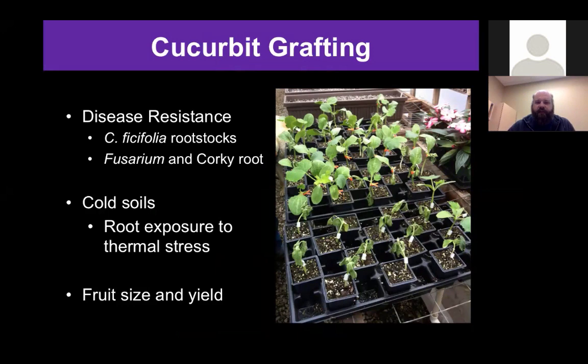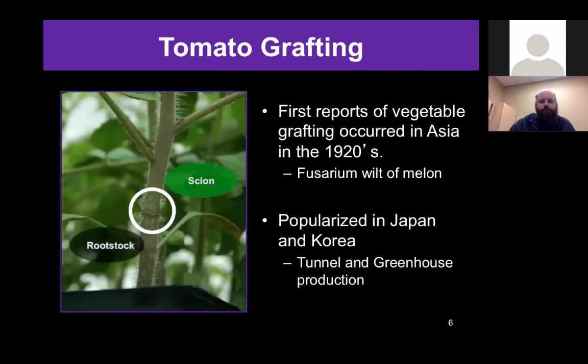And then also, you may or may not know that the cucurbit family is extraordinarily sensitive to cool soils. And so we can graft cucumbers onto fig leaf gourd rootstocks and some other wild cucurbit species that can be a little bit more tolerant of those cold soils and really increase early production. So there's specific reasons that they're doing that in those situations as well.